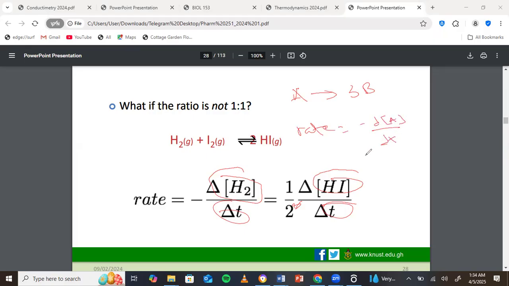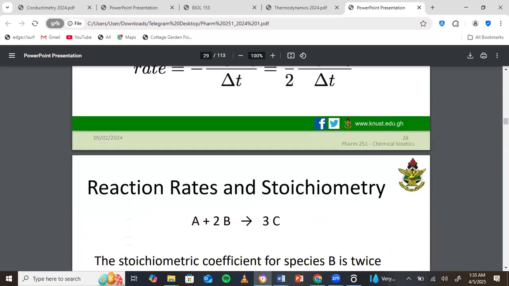But if we are looking at the same rate in terms of the product, it is still the appearance, the positive d[B]/dt. But then we have to divide it by 3 to get a single homogeneous rate for the whole reaction pathway, right? Good.